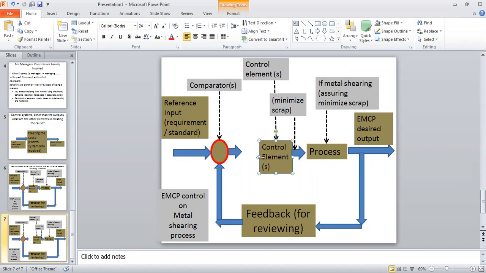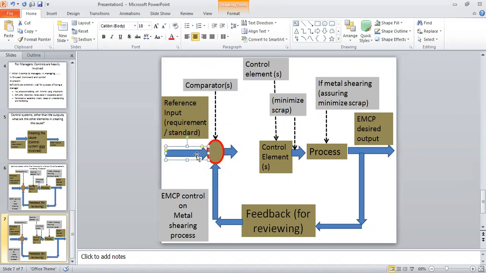Control elements. I had put one more here, that's why. Put one more. Yes.